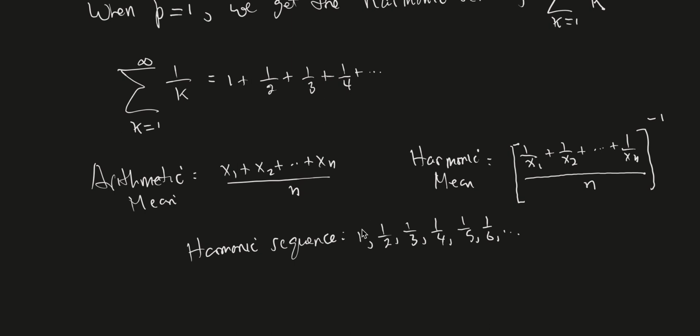To illustrate how you actually compute the harmonic mean, let's find the harmonic mean of 1 and 1/3, and show that we get 1/2.